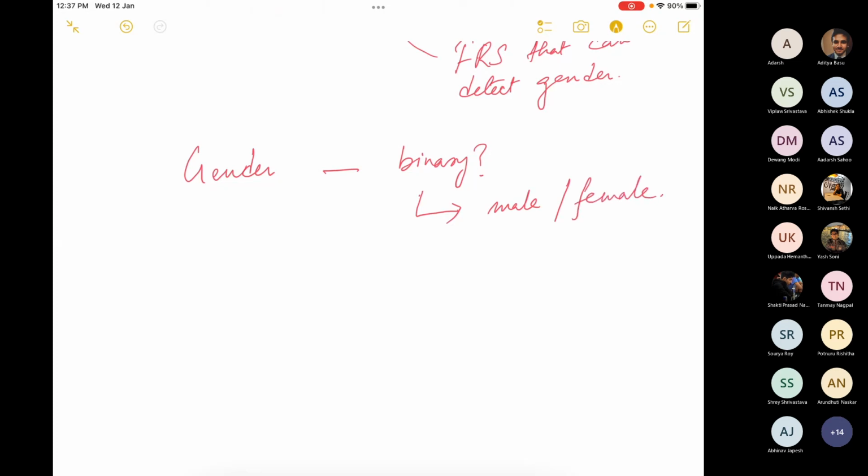However, the categorization of gender is much more complex than this. It has been well established in sociology that gender is a non-binary attribute.